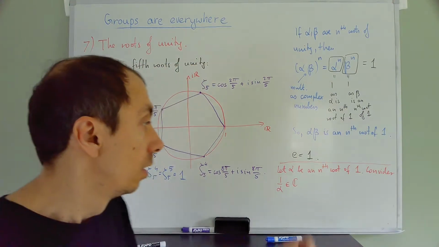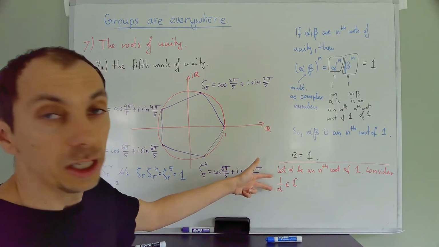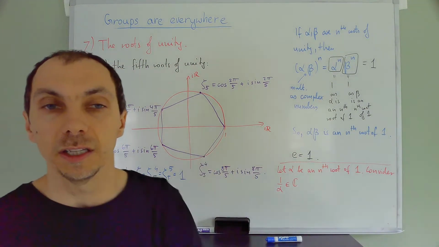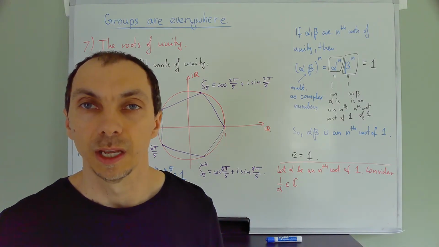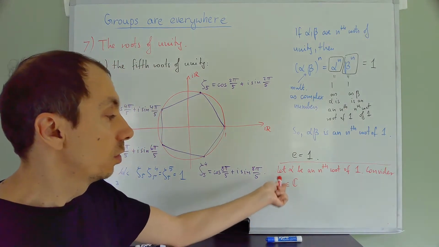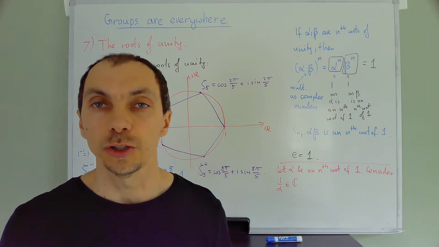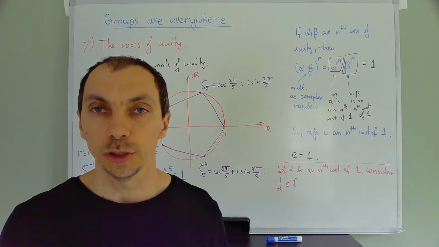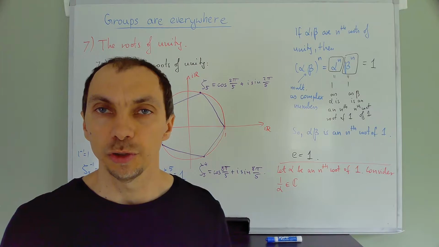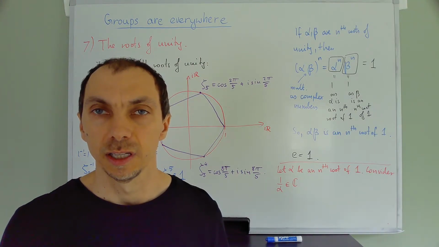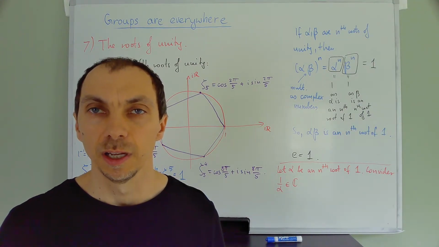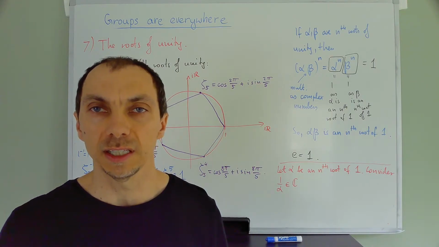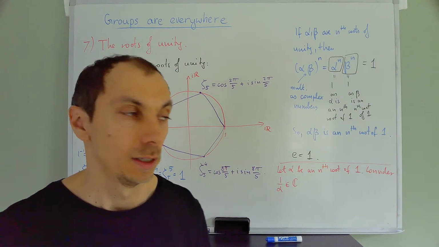Okay? So you say you're cheating here because you're already saying that alpha has an inverse. You're writing 1 over alpha. When I write this, I consider alpha as a non-zero complex number. And because complex numbers are a field, every non-zero element has an inverse. This inverse is a complex number. What I have to show is that it's actually an nth root of unity.